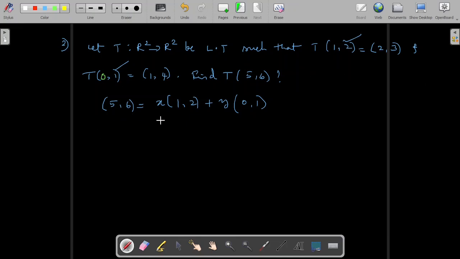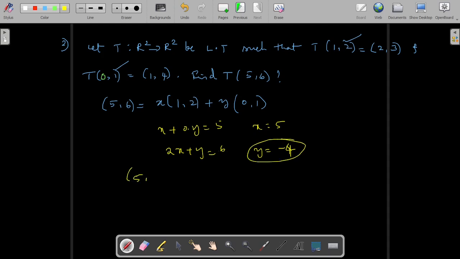Before applying T, you have to get the coordinates: x plus 0 times y equal to 5 and 2x plus y equal to 6. So x equal to 5, y equal to minus 4. We got (5, 6) as 5 times (1, 2) minus 4 times (0, 1). So the coordinates of (5, 6) under this basis are (5, -4).